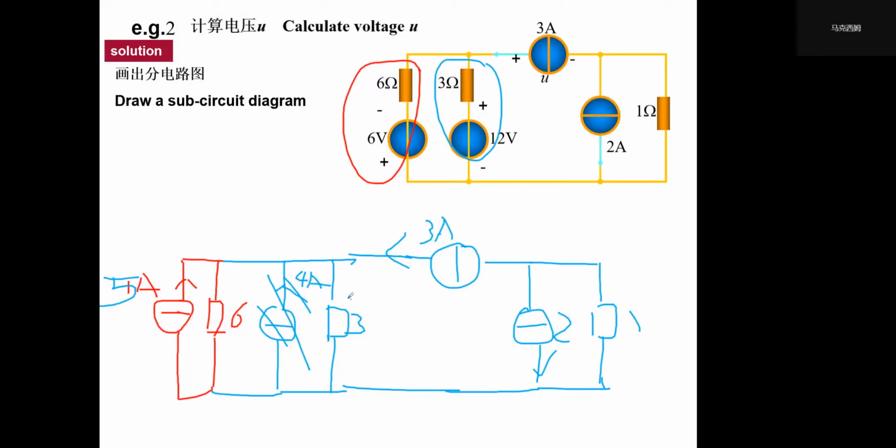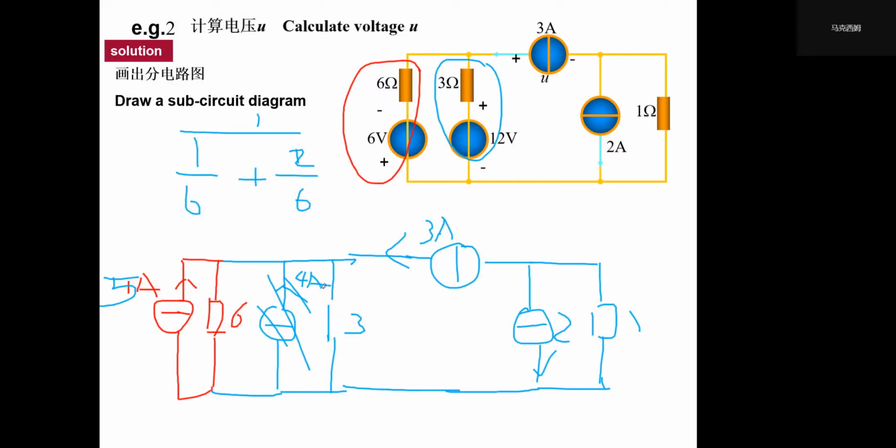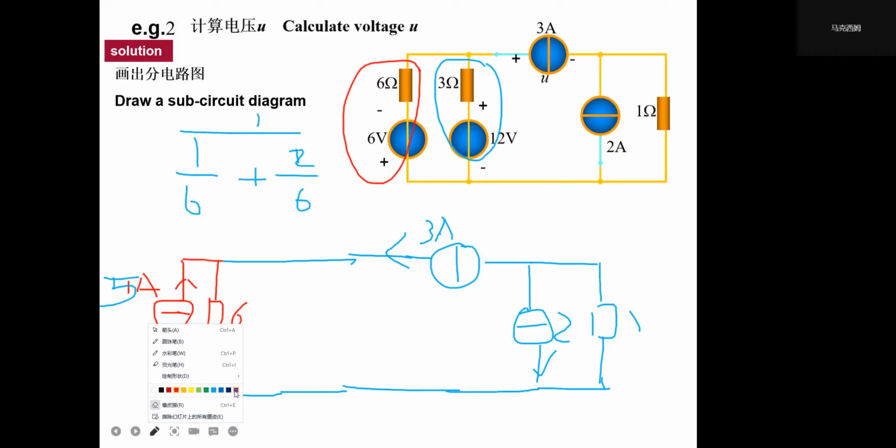And we can combine those two resistors, and simply replace them with a 2 ohm resistor, right? So this is a much easier case to solve, right?